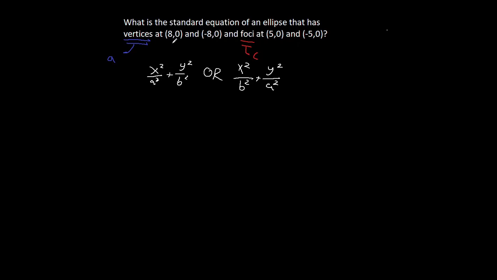The second thing is we notice that both of these ordered pairs have zeros as one of their coordinates, and this tells us we are centered at the origin.